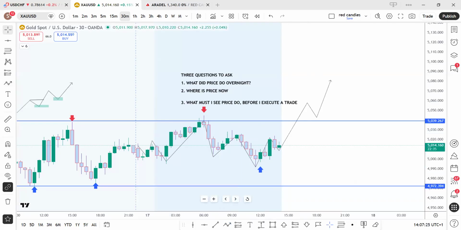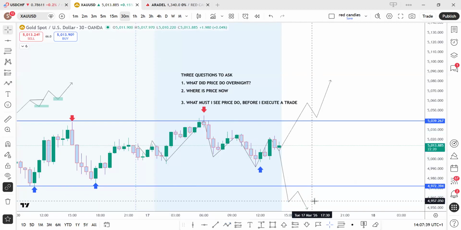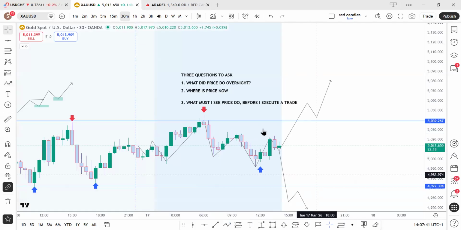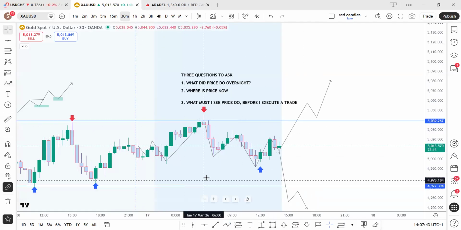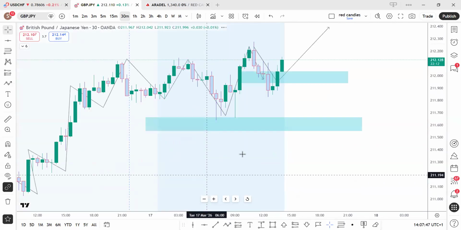Alternatively, wait for price to break below here, potentially pull back, and then you look for continuation downwards, right? But overall, market is just moving sideways on this particular pair. Okay, let's look at the next pair.